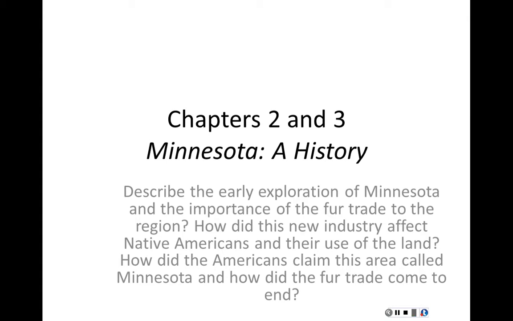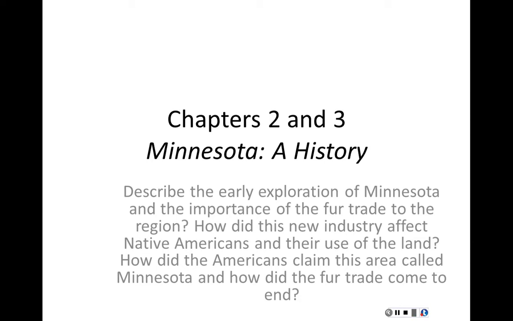So if you're current on your integrity assignments, Chapters 2 and 3 are operating under the same question that we're trying to answer. In the first part, Part A, we went through the early exploration of Minnesota. We talked in depth about the first French explorers to come through, Radisson, Groseilliers, Hennepin, and others, who explored the area, and while they were here, they set up the fur trade.